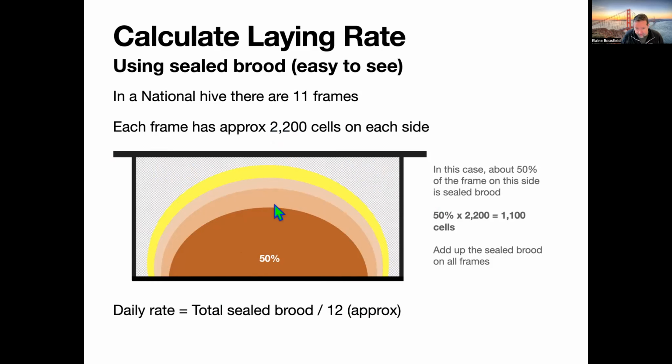And so you can go through your hive saying, that's got a quarter, that's got a half, that's full, and add up how many frames of sealed brood you have. When you get the total number of cells, divide it by 12, because that's how many days sealed brood is there for, as we saw at the very beginning, and then you'll get your laying rate.